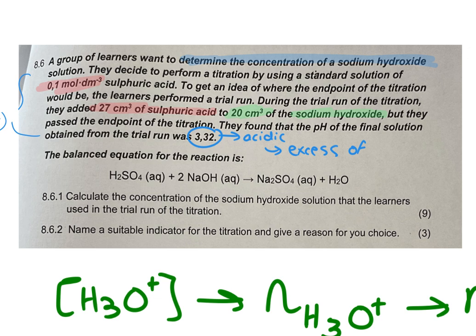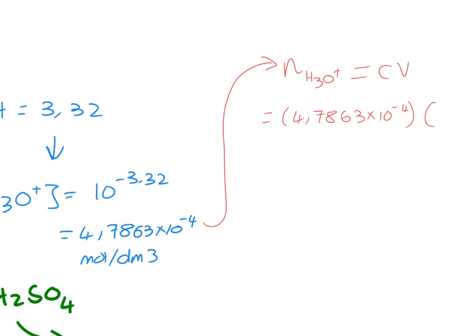And in that mixture of the whole flask, the whole volume, there is this amount of the hydronium ions. So that's why, to get the moles of that, we have to use the volume of the whole flask at the end, because this is excess.